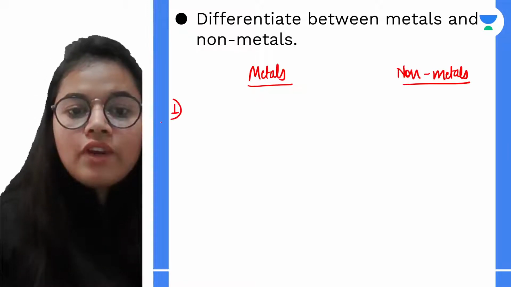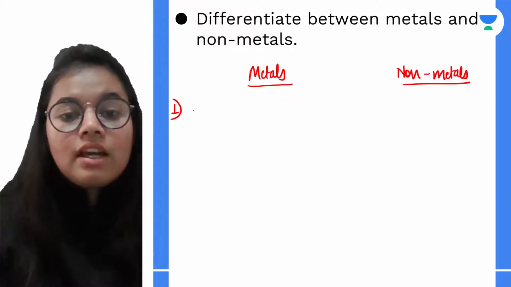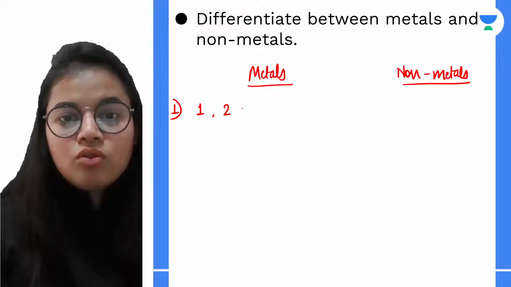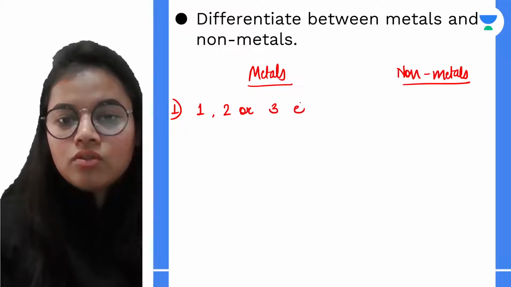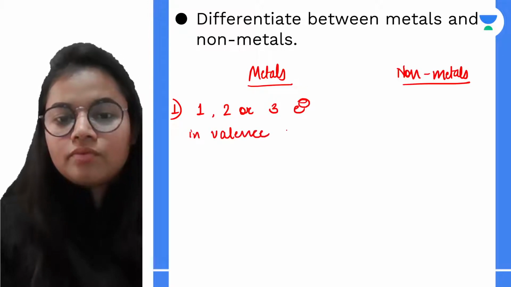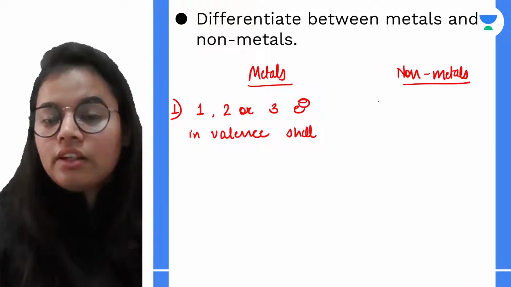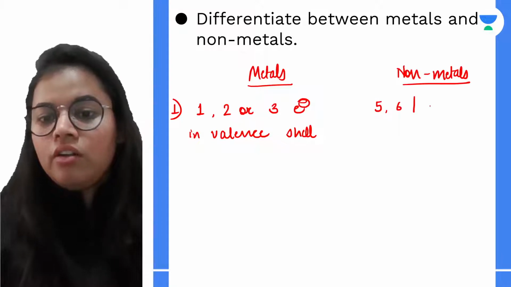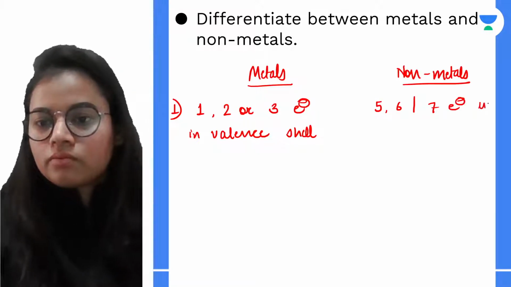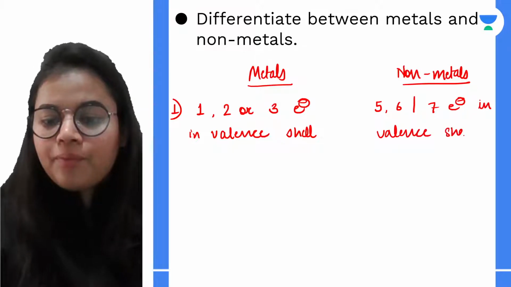The very first difference is that metals have 1, 2 or 3 electrons in their valence shell, and non-metals generally have 5, 6 or 7 electrons in the valence shell.